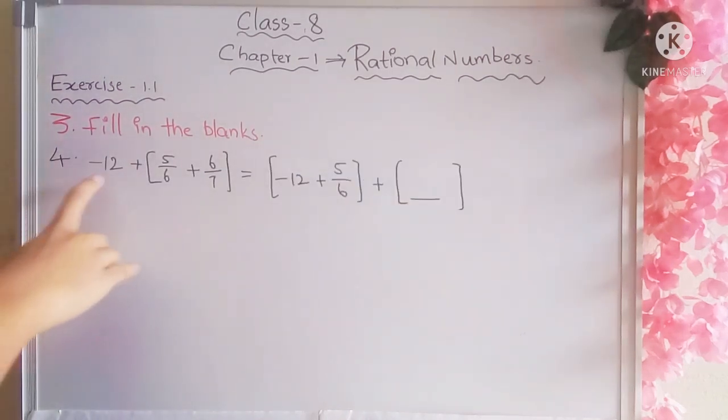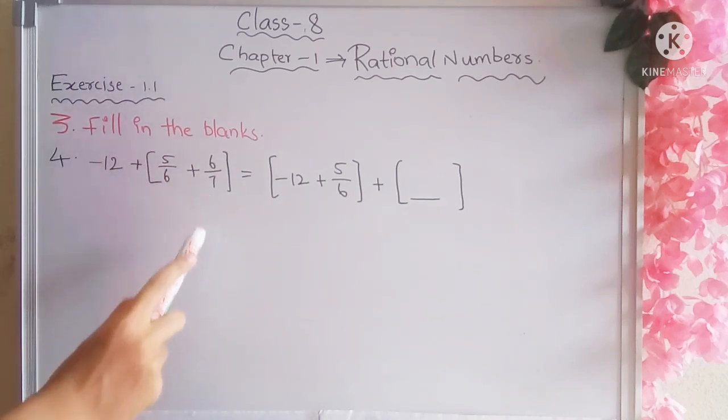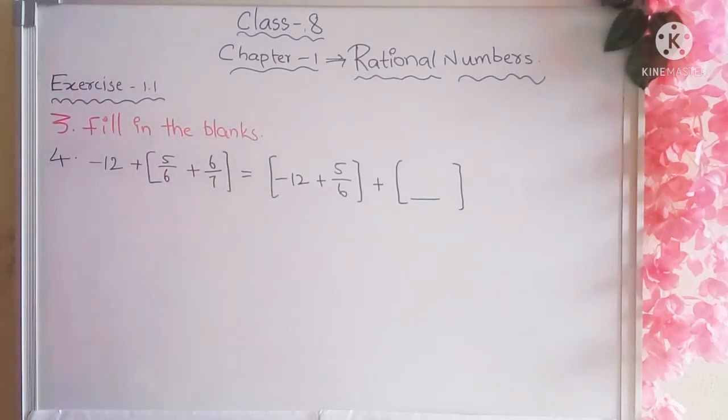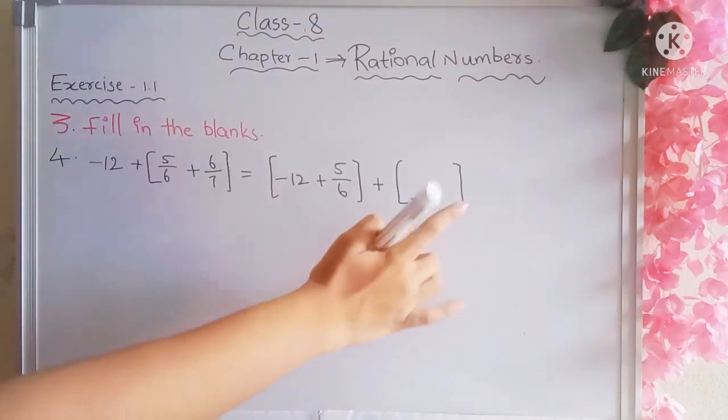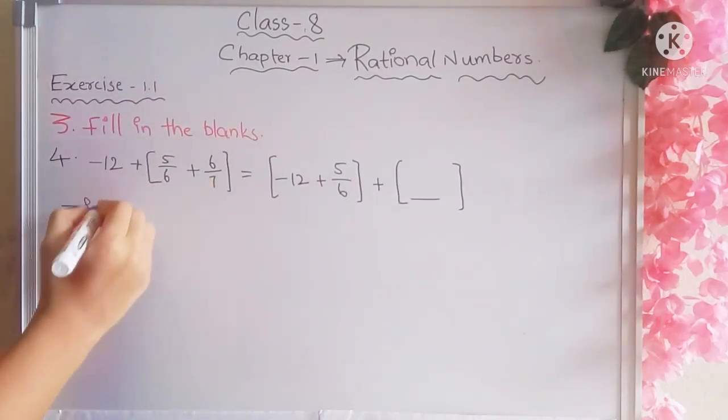So the fourth question: minus 12 plus of 5 by 6 plus 6 by 7, which is equal to minus 12 plus 5 by 6 plus of what? So we have to find this number. So the property used here is associative.